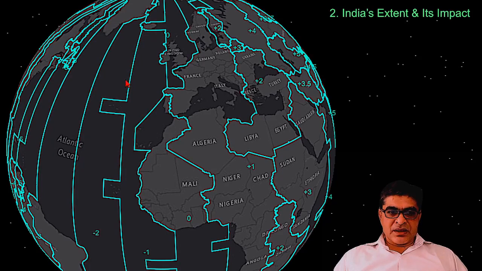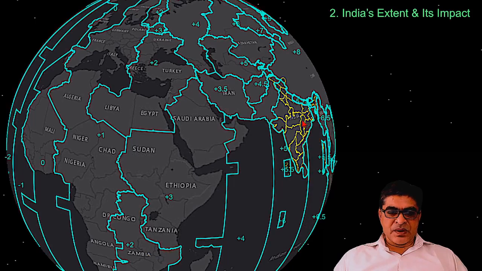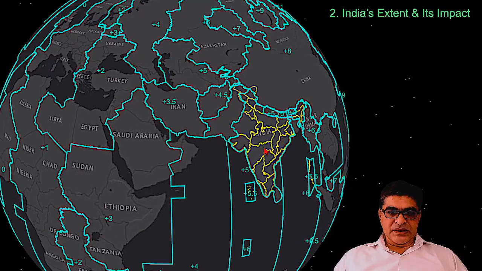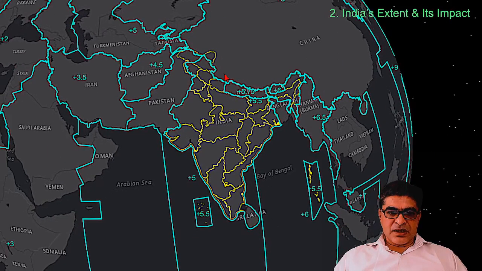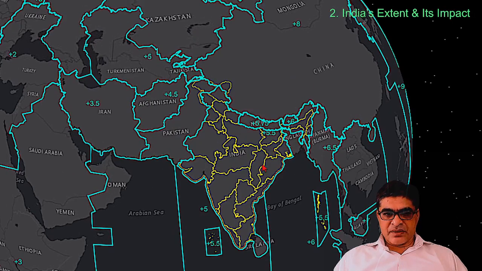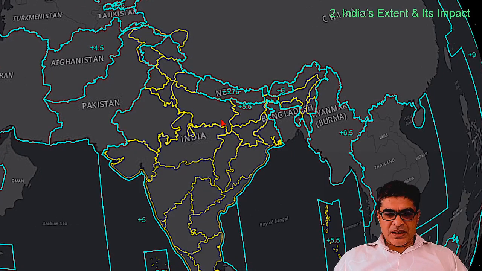Still here it is night, but the sun is rising here 5.5 hours before. The line taken to calculate Indian Standard Time passes around Mirzapur. That is the IST line.